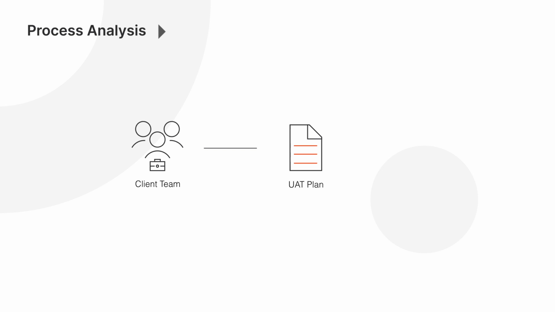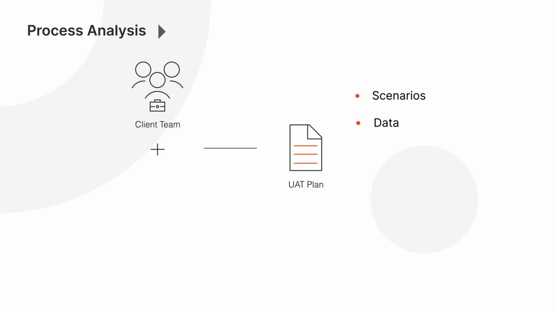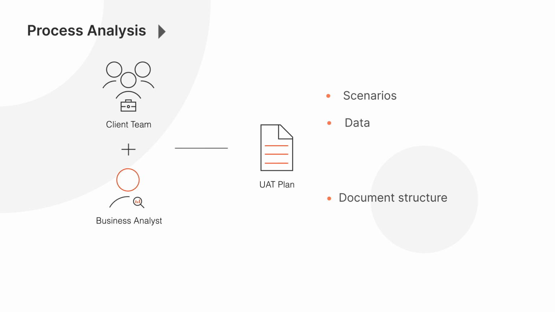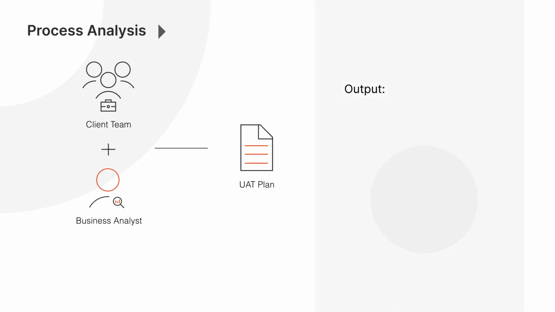The client team will ultimately be responsible for coming up with the scenarios and the data for the UAT plan, but the business analyst can assist with structuring the document depending on their level of experience. By the end of this stage, the UAT plan must be created and approved.